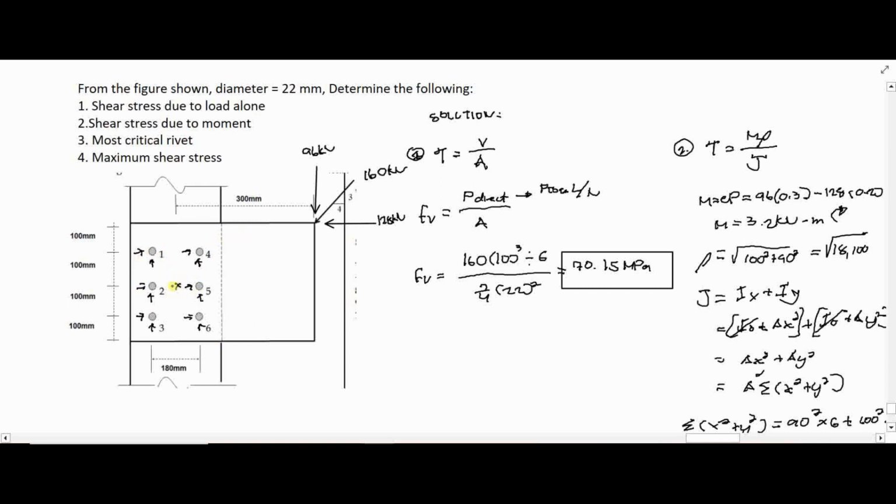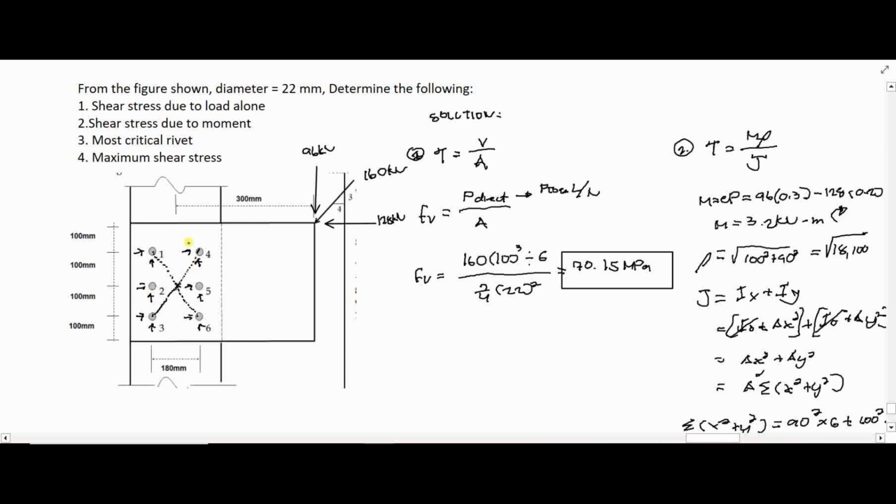So if this is our moment arm or this is our rho, I assume that the maximum torsional moment occurs on the farthest bolt, which disregards rivet 2 and 5 since they are close enough to the center of gravity. So I consider 1, 3, 4, and 6.